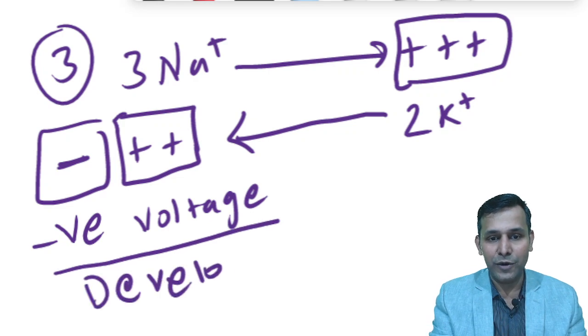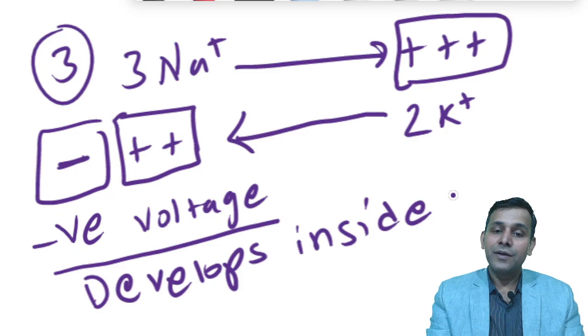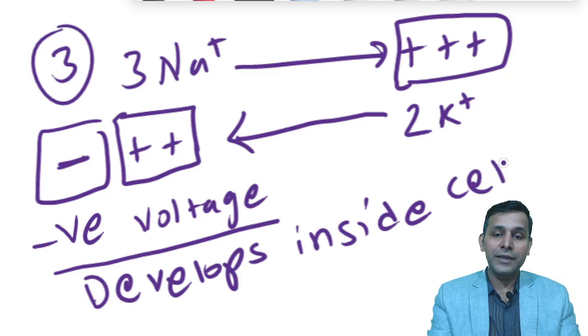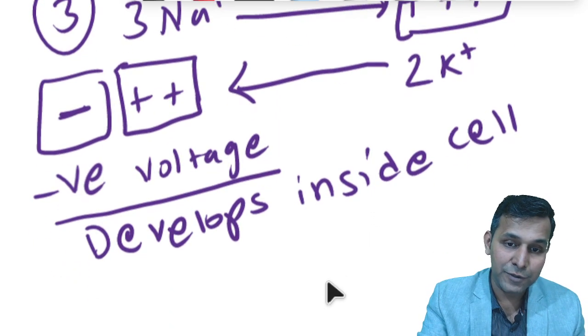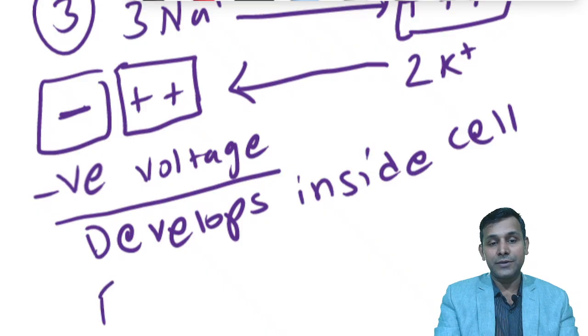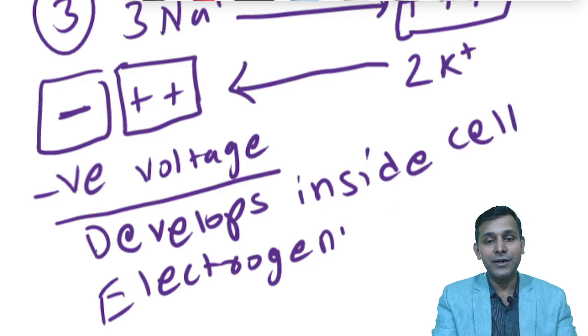Because this pump develops a negative voltage inside the cell, it is also called an electrogenic pump. Electrogenic pump.